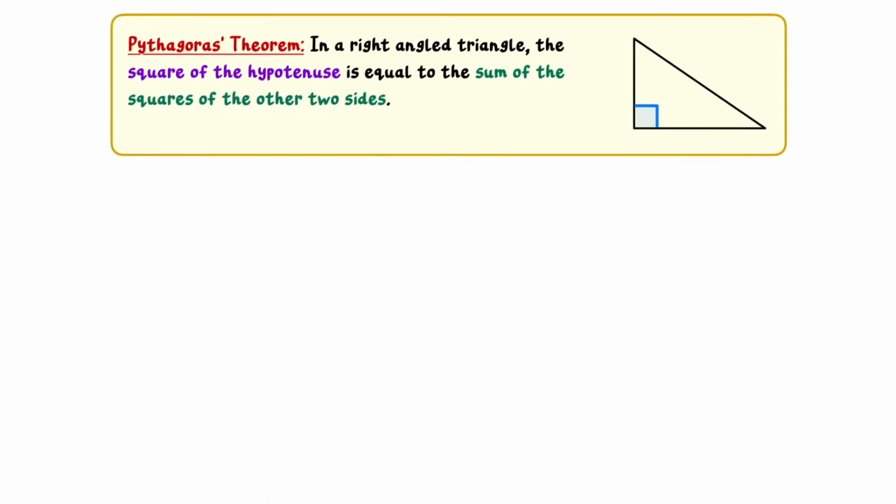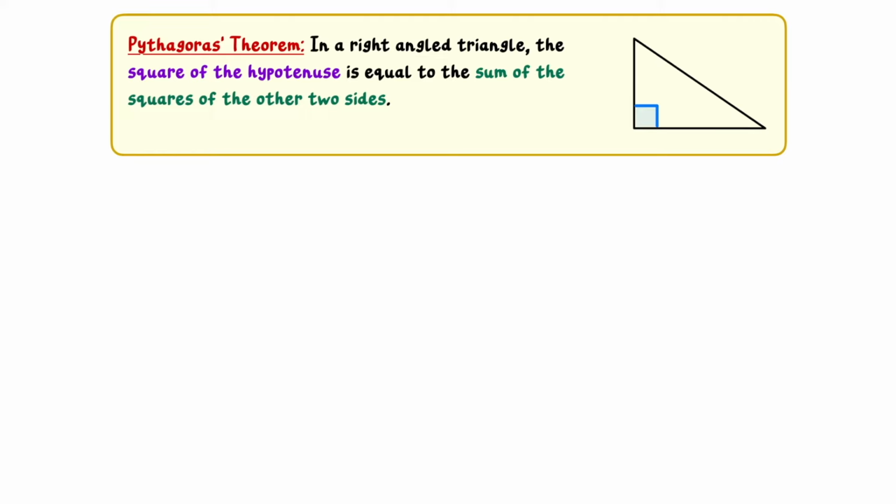Now that we have the necessary background knowledge, let's look at the statement of Pythagoras' theorem. In a right-angled triangle, the square of the hypotenuse is equal to the sum of the squares of the other two sides. To formulate this mathematically, it helps to work with a diagram.